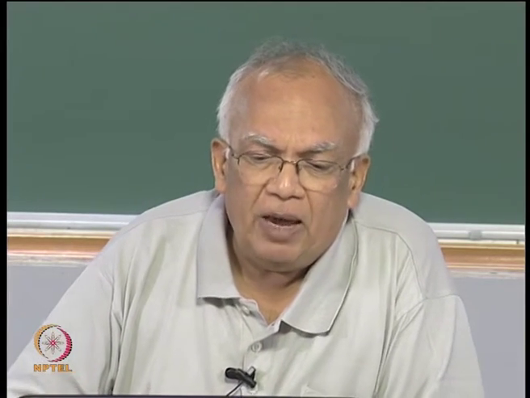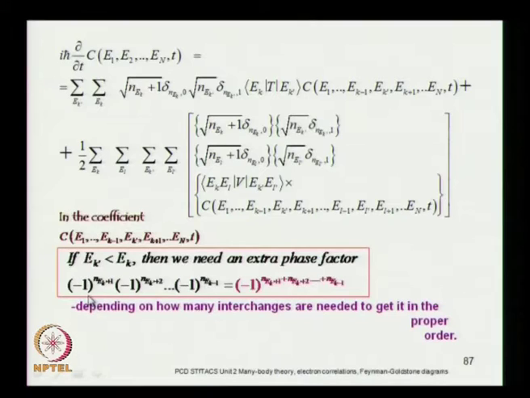Okay. So, if Ek prime were less than Ek, then you will have to pick up -1 to the power Ek prime plus 1, because you will have to move it only beyond Ek prime till you get to Ek minus 1, to one preceding. So, that is the number of times you will pick -1 factor.